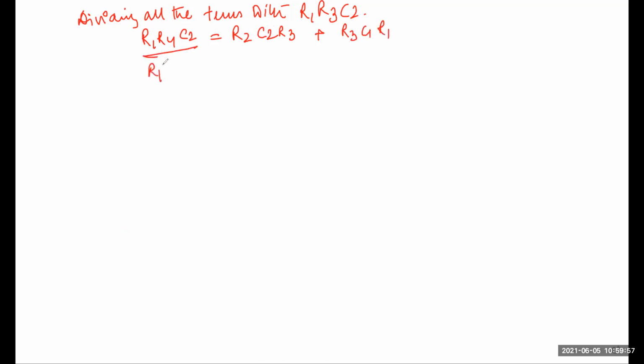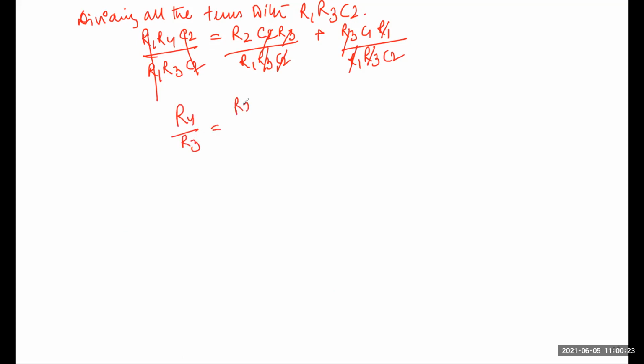If you divide it with R1 R3 C2, here also R1 R3 C2, and here also R1 R3 C2, then what you will get? R1, R1 cancel out, C2, C2 cancel out. Here R3, R3 cancel out, C2, C2 cancel out, and here R3, R3 cancel out, and here R1, R1 cancel out. So I think I can obtain R4 by R3 is equal to R2 by R1 plus C1 by C2. Okay, now comparing the imaginary part.